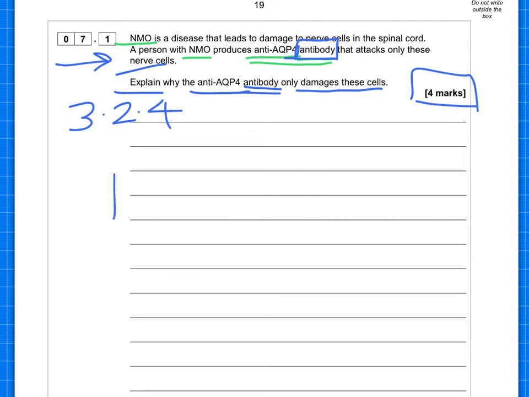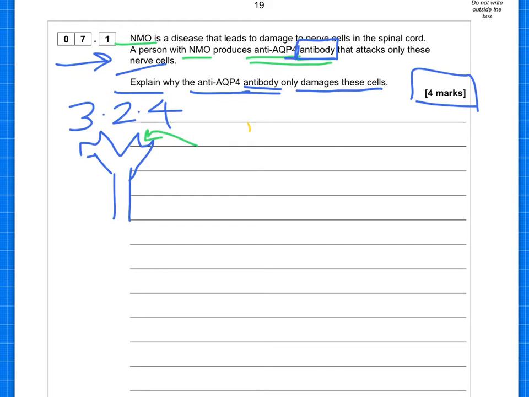So if we remember about the antibody, it has a variable region and it has a particular Y shape, and you can see that it has binding sites. It has a tertiary structure and it's got binding sites, and those binding sites in the variable region, they are complementary to one type of antigen.